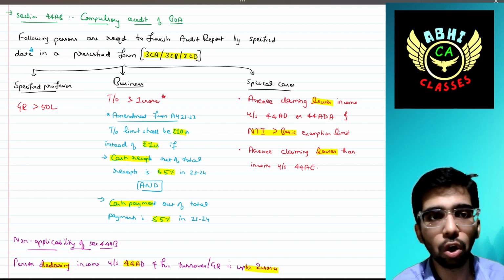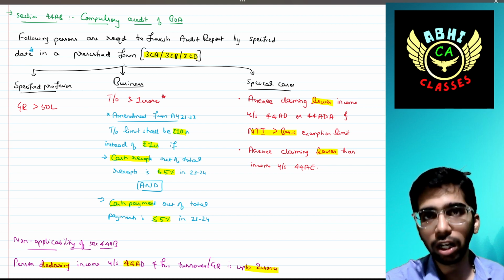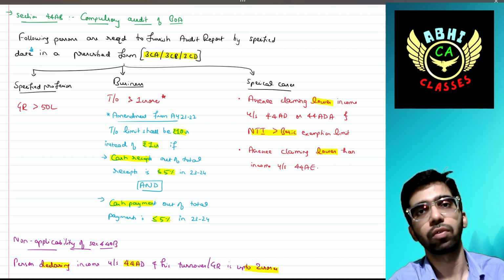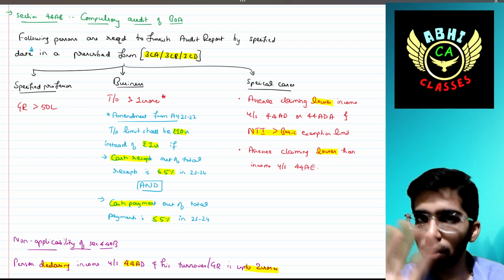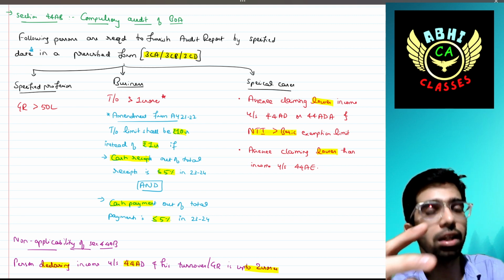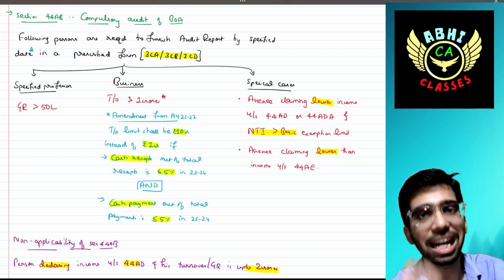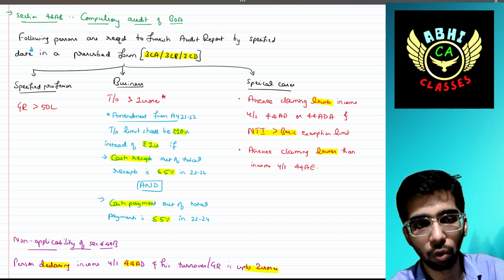It says the turnover limit shall be 10 crore instead of 1 crore if the following two conditions are satisfied. In case of business, instead of the usual 1 crore, if the two conditions are satisfied, then the 1 crore limit will be enhanced to 10 crore.